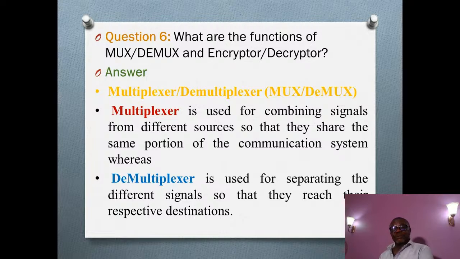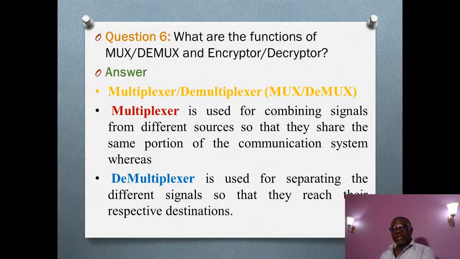So if you multiplex signals, what we are saying is that you can have signals having different bandwidths, different frequencies, and you have only one channel to transmit them.